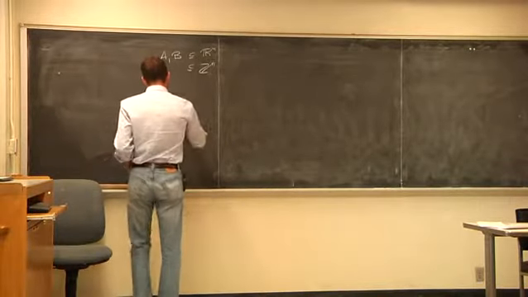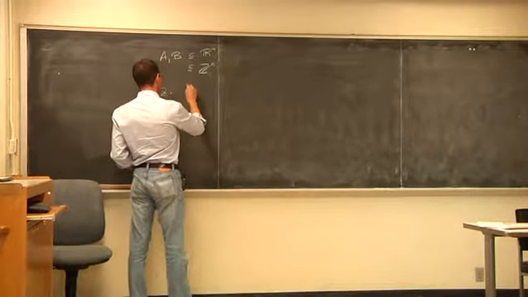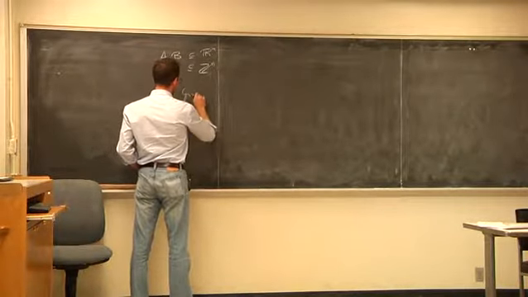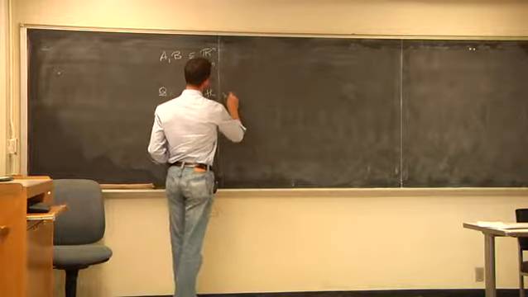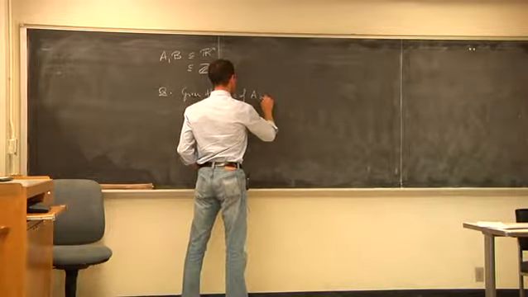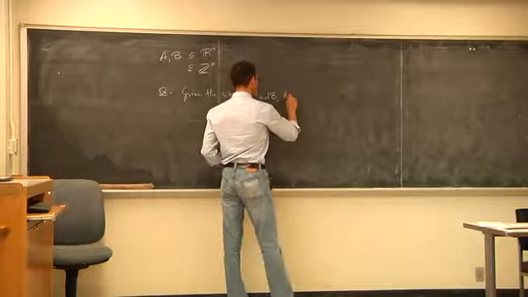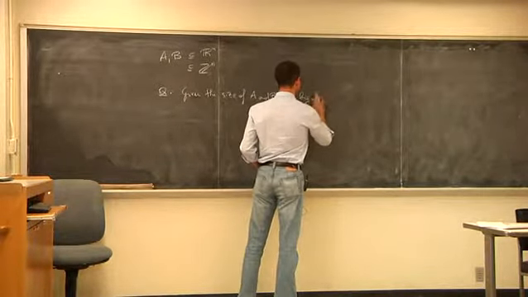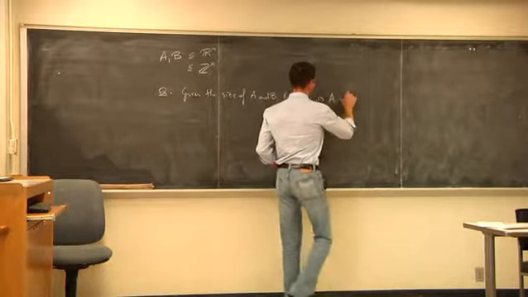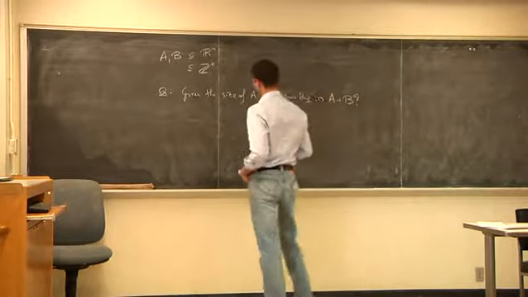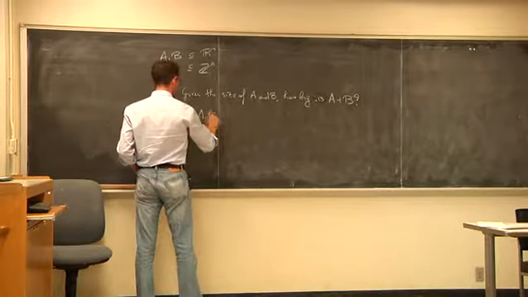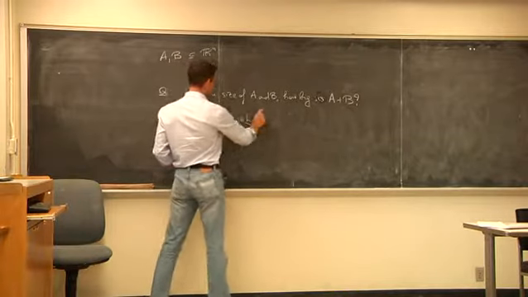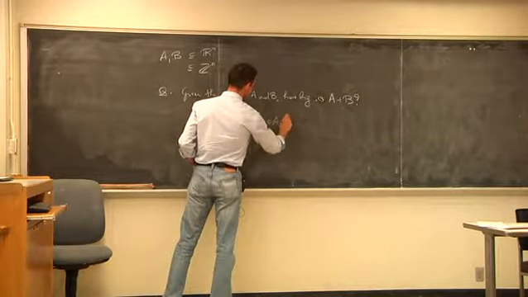And so the first question you want to understand is, given the sizes of A and B, how big is the set A plus B? So here A plus B is nothing else than the set composed by all the elements of the form a plus b, where little a is in capital A and little b is in capital B.